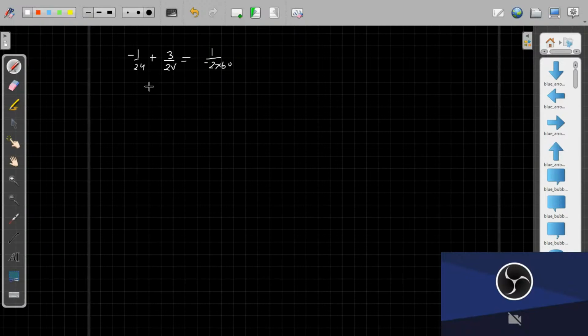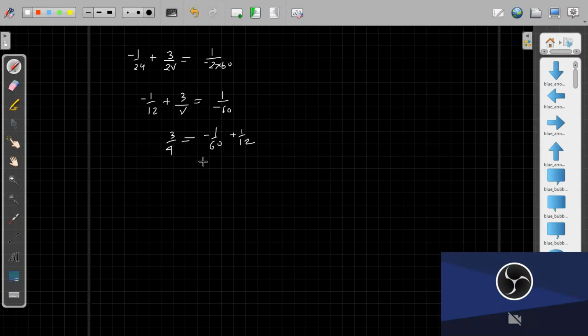From here we can take 2 common out. So this will be minus 1 by 12 plus 3 by V equal to minus 1 by 60. So let us bring this: 3 by V is equal to minus 1 by 60 plus 1 by 12.